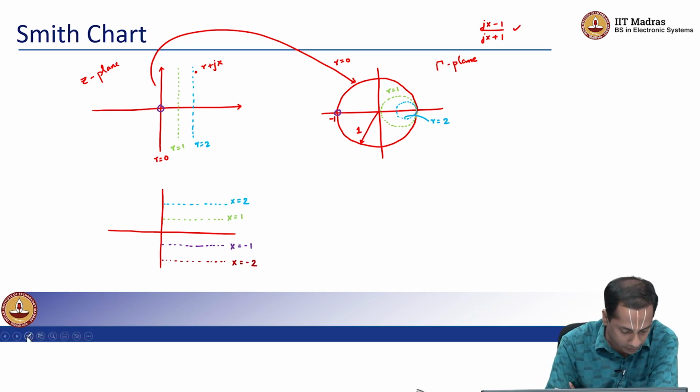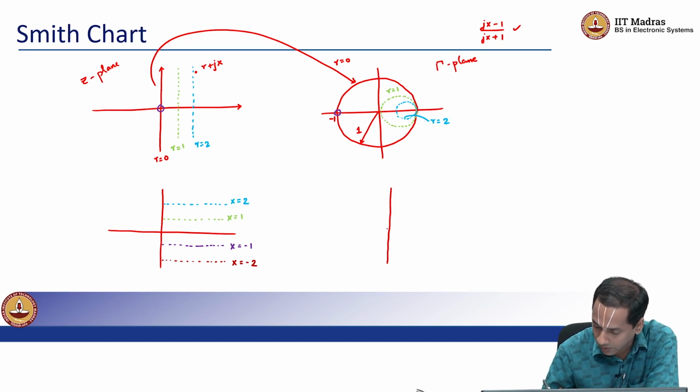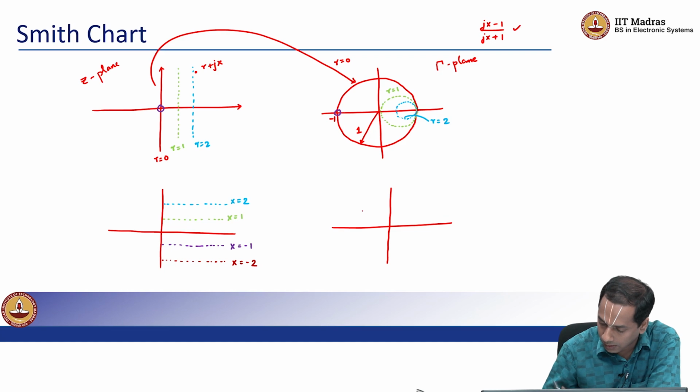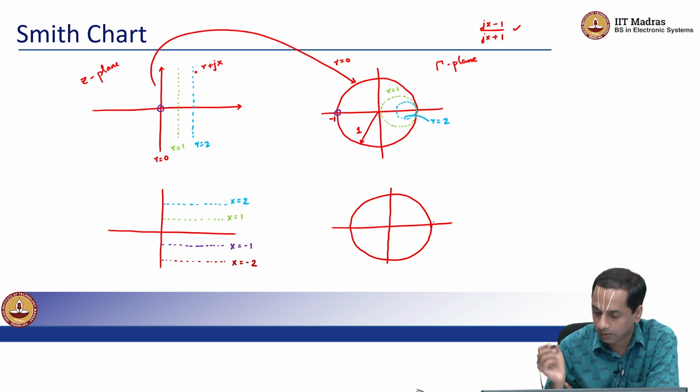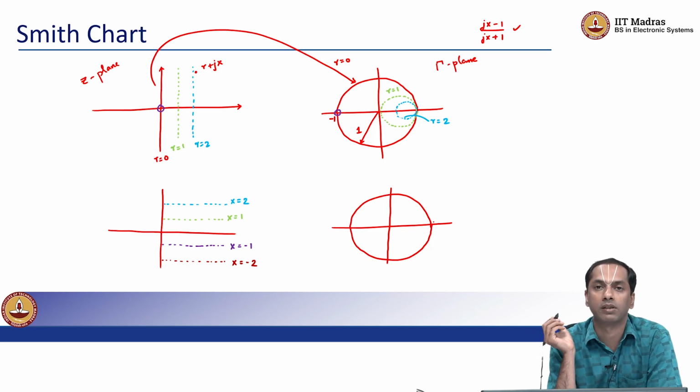And we will see how these map to the gamma plane. So again, the range that we expect to see all the gamma values is within the unit circle.